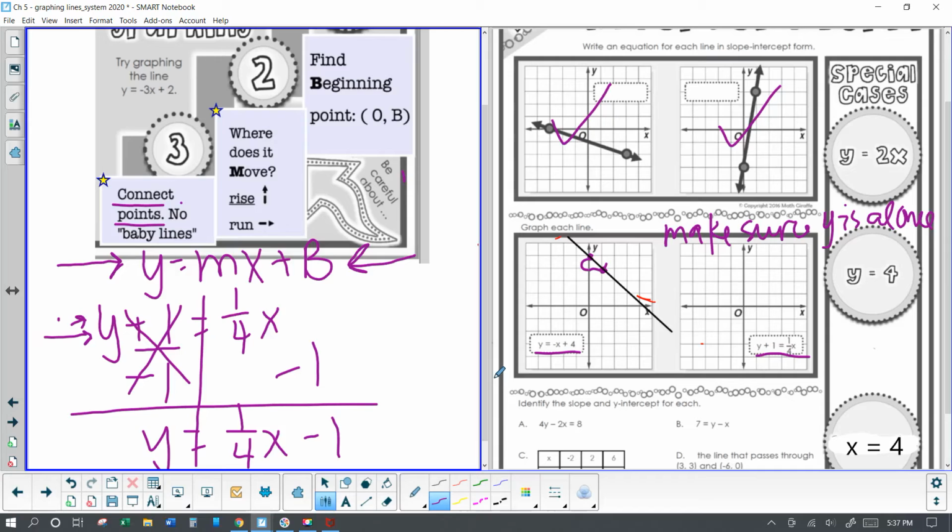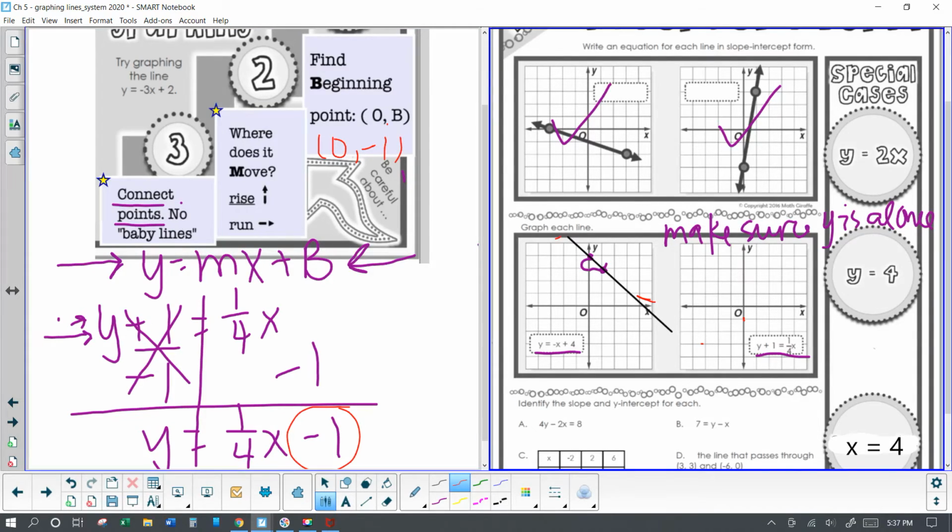Remember, it's my b number. Here's my b number, minus 1. So my point is going to be where x is 0, y is negative 1. I go to where x is 0, y is negative 1, and I put a point right there on my graph. Then I need to find my slope.